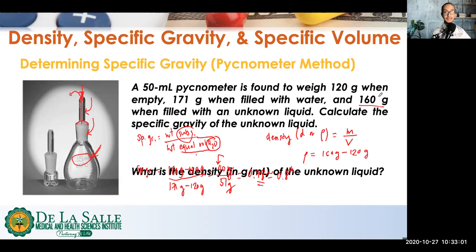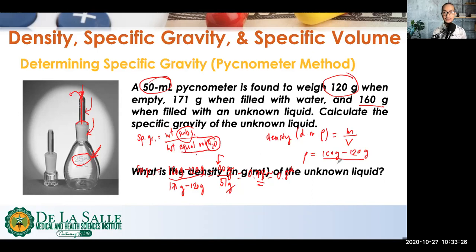Why minus? Because 160 grams is the weight of the picnometer with the unknown liquid. So you need to subtract the weight of the empty picnometer. So 160 grams minus 120 grams divided by the volume of the picnometer. What is that? It is this. The volume of the picnometer is basically the volume of whatever liquid you put there.